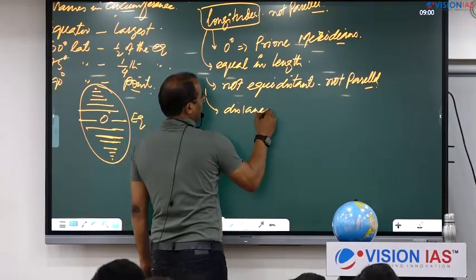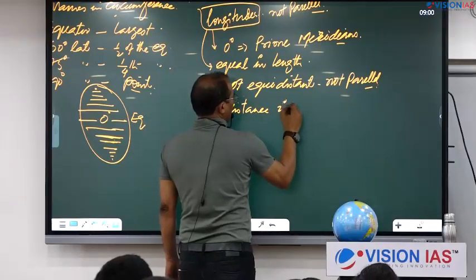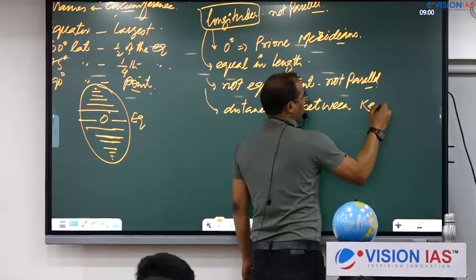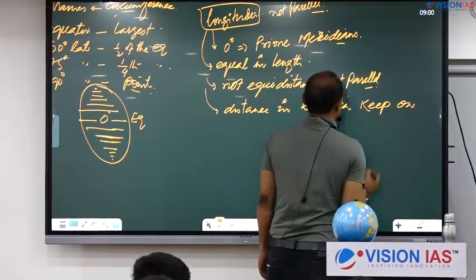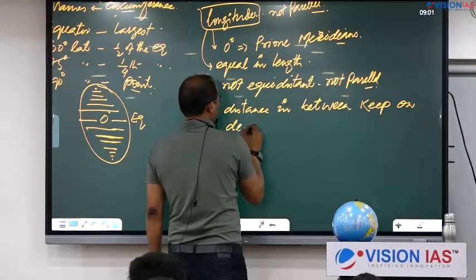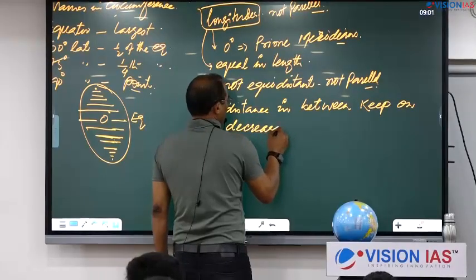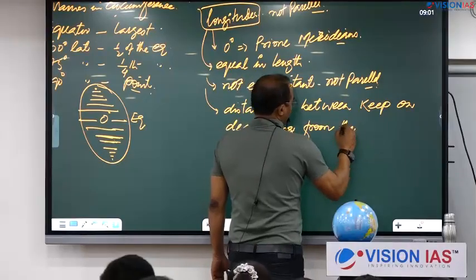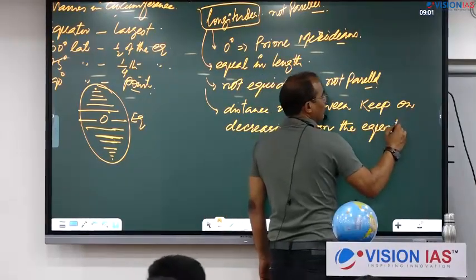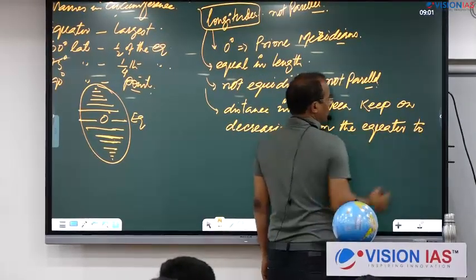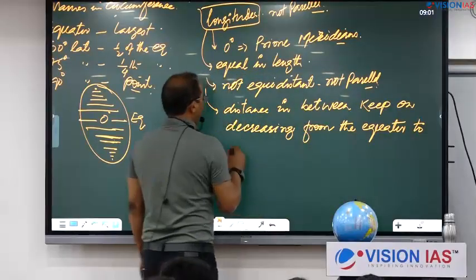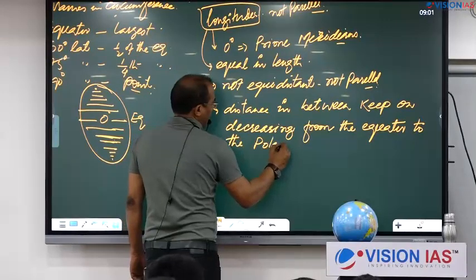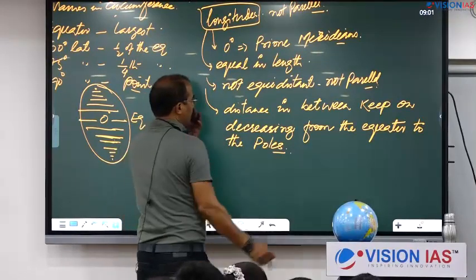Distance in between them keep on decreasing from the equator to the poles.